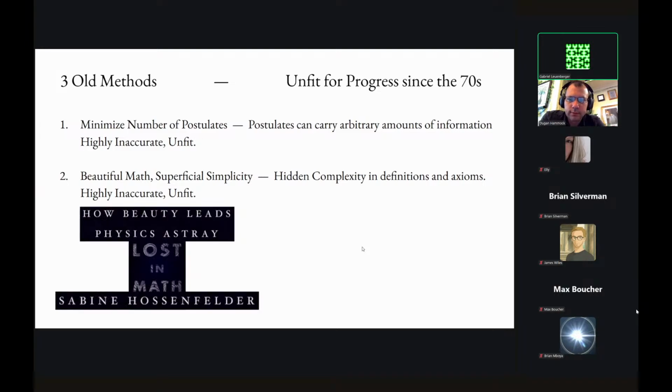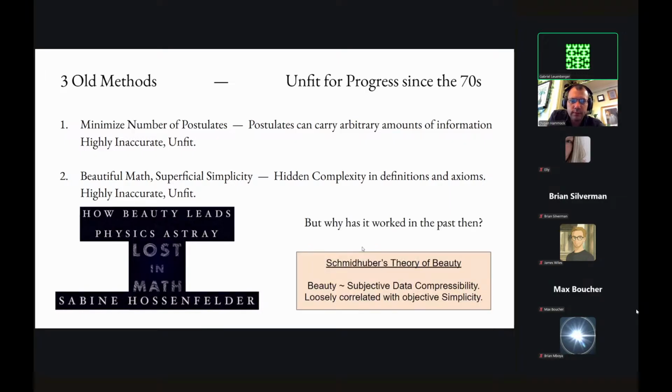There's also a whole book by Sabine Hossenfelder about how this superficial kind of beauty or elegance, the simplicity of a mathematical formula, is not good enough, and oftentimes led people to getting lost in mathematics. I will get to how to do it better than this. But first, sometimes in the past, this has actually worked out correctly. The reason it has worked in the past some of the time, not all of the time, is that beauty also has something to do with simplicity, right?